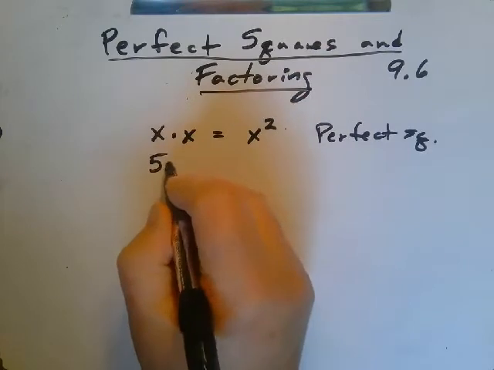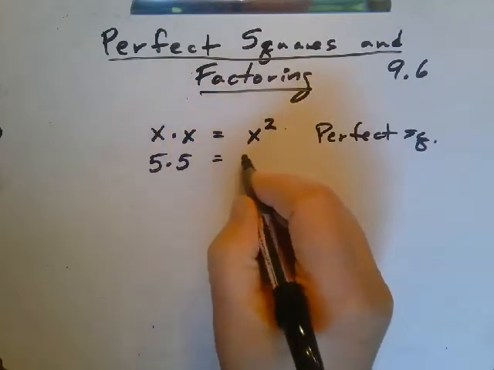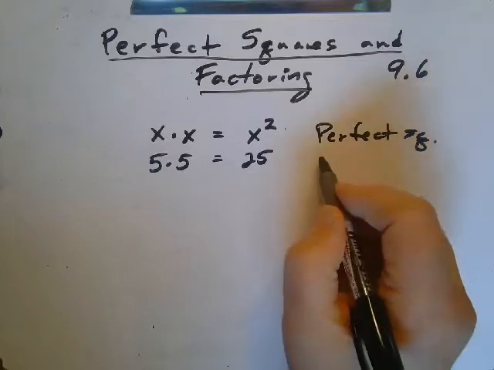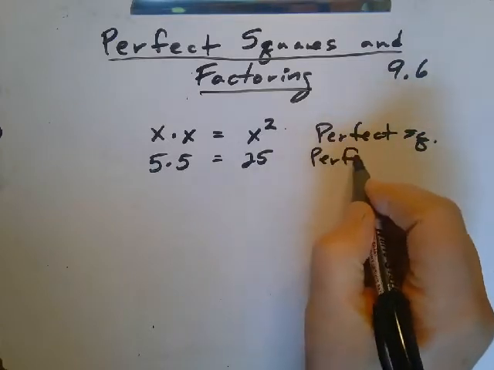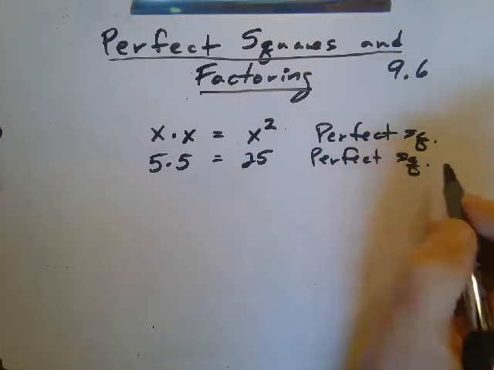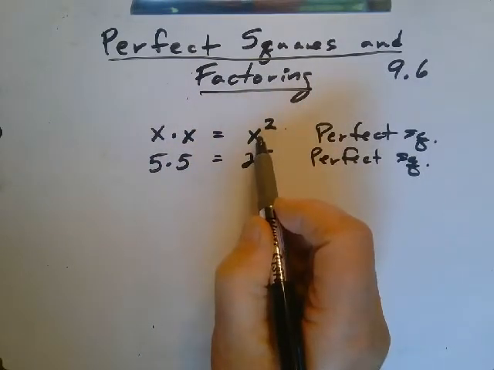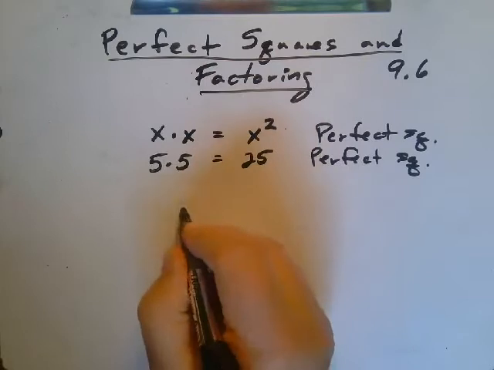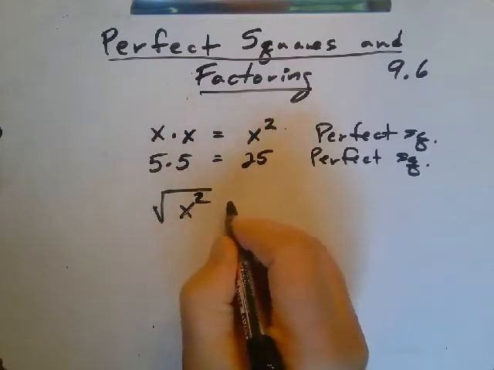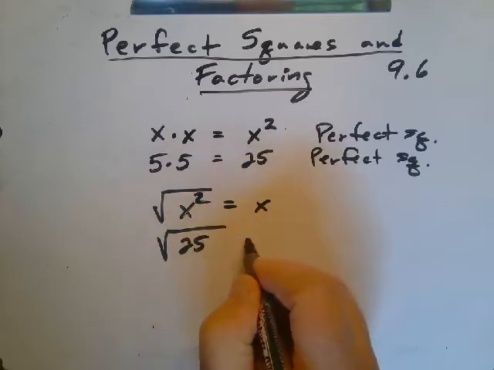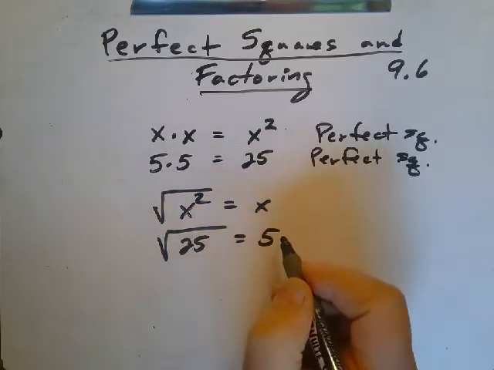Or if I took a number like 5 times 5, 25 is a perfect square. They are perfect squares because you can take the square root of them and come up with something. So the square root of x squared is x, and the square root of 25 is 5.